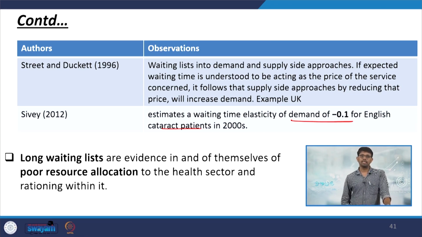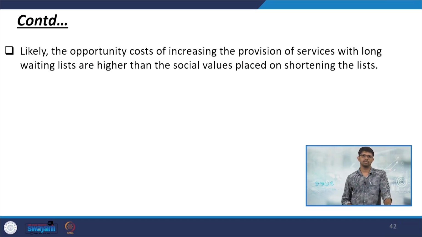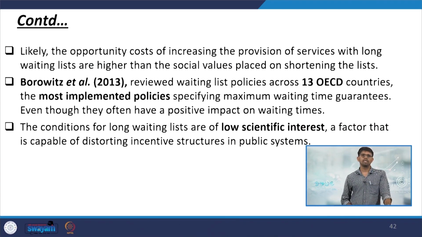Long waiting lists are in and of themselves evidence of poor resource allocation to the health sector and rationing within it. So, it also involves opportunity cost because of long waiting, and especially the 2013 paper reviewed waiting list policies across 13 OECD countries.